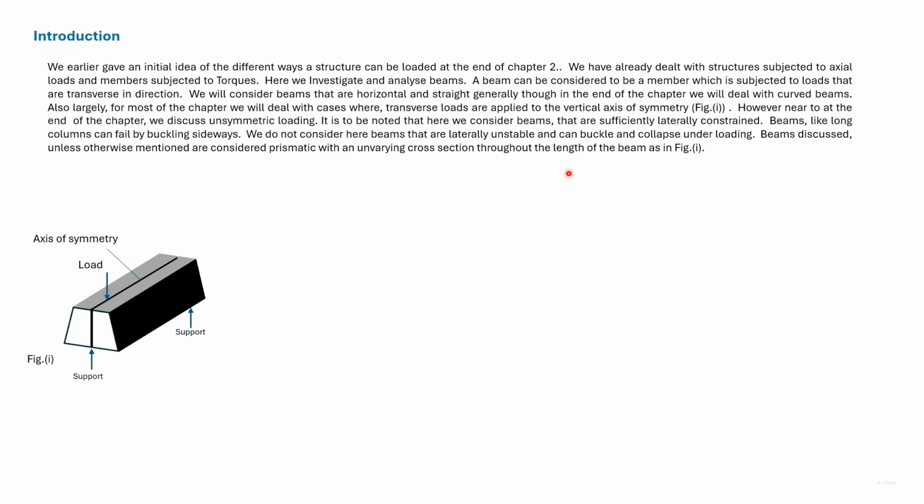In bars subjected to axial force and circular bars subjected to torque, we had to find the internal forces only in few sections. This is because axial forces and torques in these bars are constant for large portions of the bars.